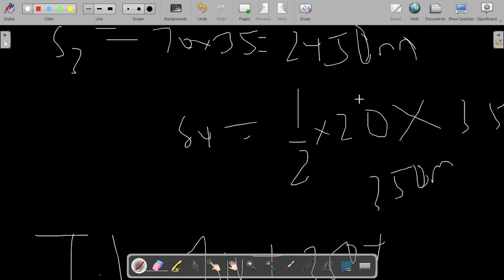Then we have 100. So when we solve this, we get 3312.5.